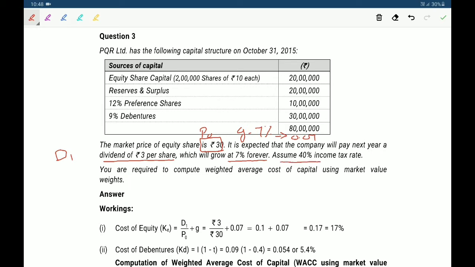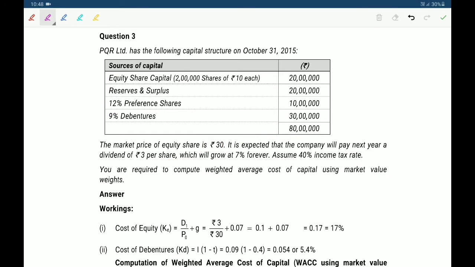Assume 40% income tax rate. You are required to compute the weighted average cost of capital using market value weights. So we have to find out equity share capital, 12% preference shares, 9% debentures.